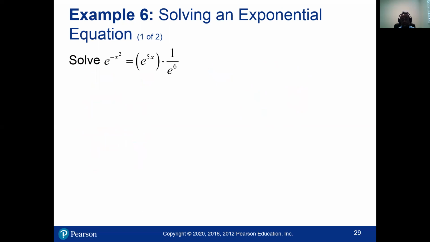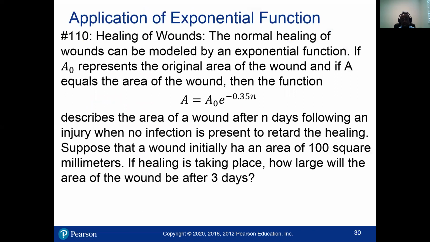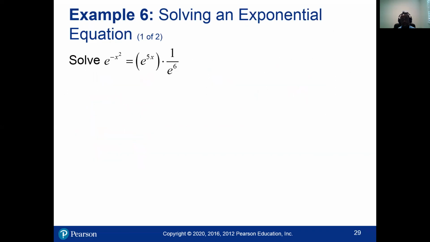All right, and then the next example involves the e. You have e raised to negative x squared equal to e raised to 5x times 1 over e raised to the 6.